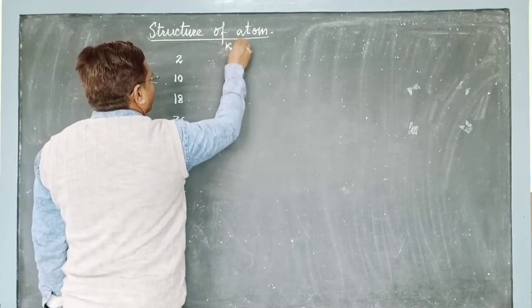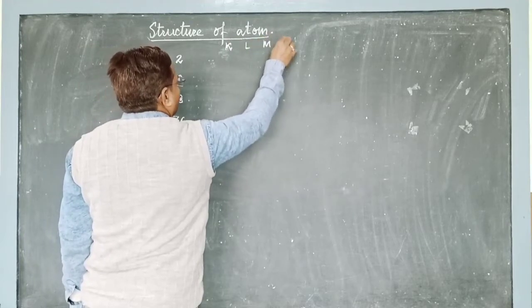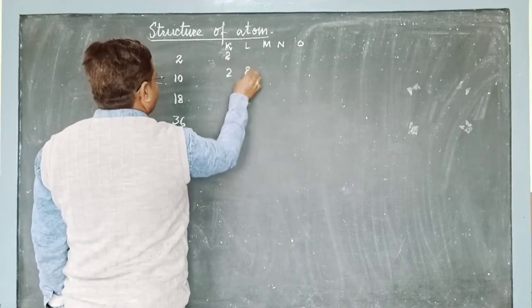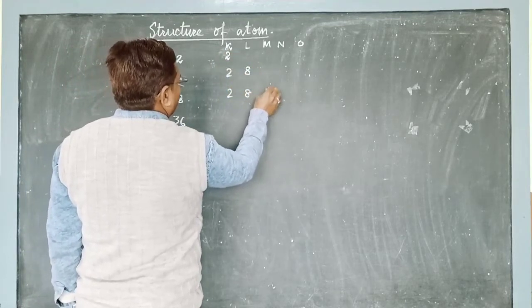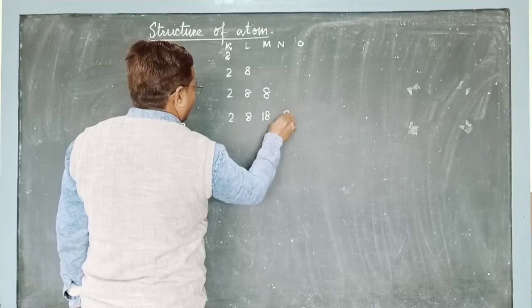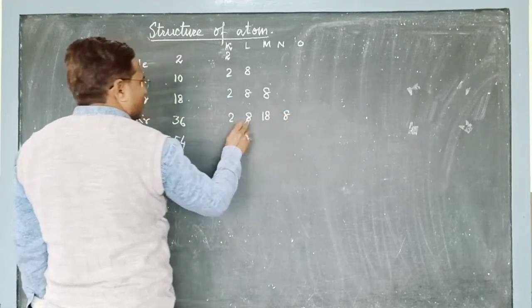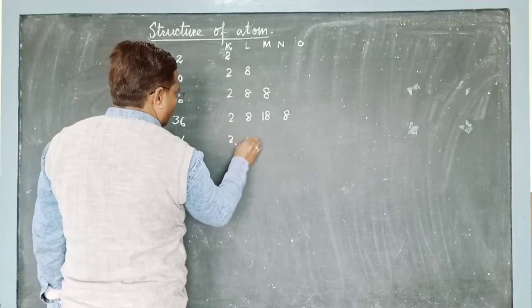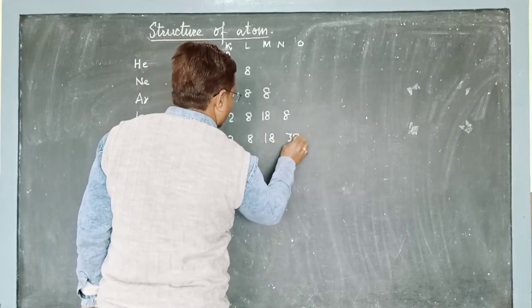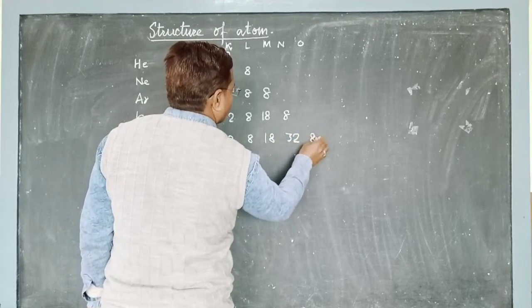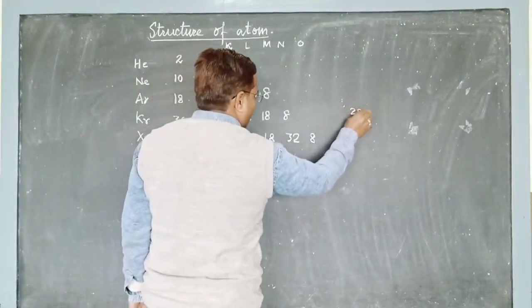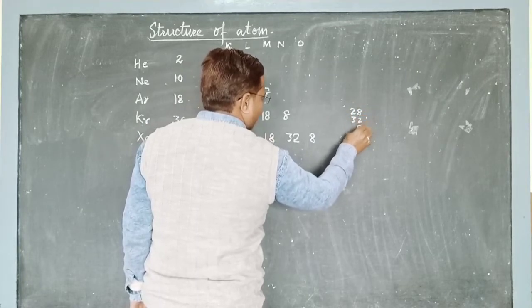Let me add the shell numbers K, L, M, N, O. Here it will be 2 only, here 2, 8, here 2, 8, 8, here 2, 8, 18, 8, and 2, 8, 18, 32 and 8. Add and see. 18 and 10, 28, 28 plus 32 plus 8.